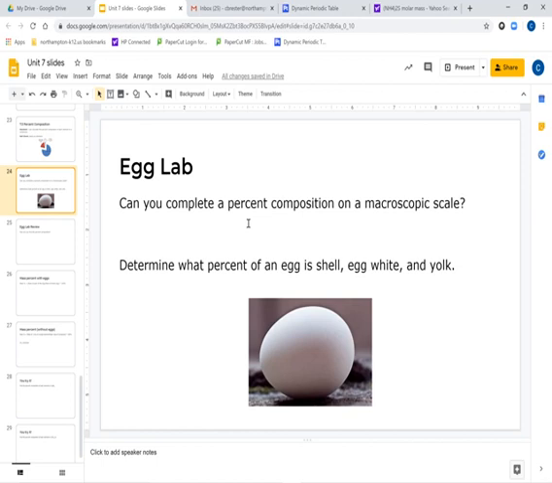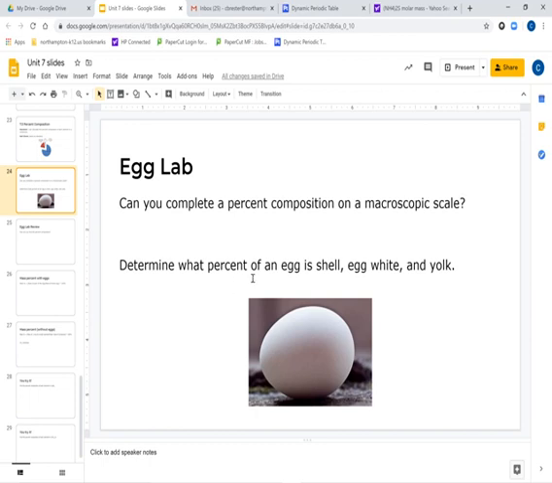The purpose behind this, because it's not really a scientific lab, is that it's all about the method. The method that you use to determine what part and what percentage of the egg is part shell, part egg white, part egg yolk. I will explain what I mean by that in just a slide here.